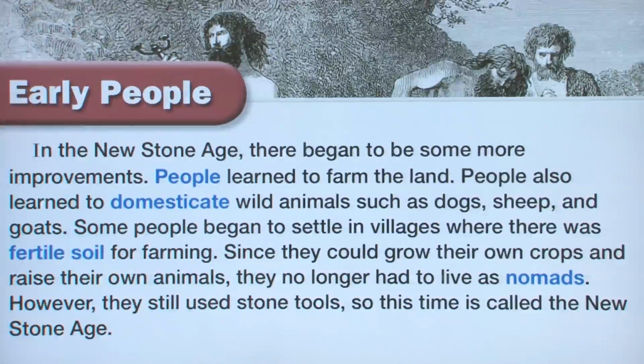Since they could grow their own crops and raise their own animals, they no longer had to live as nomads. However, they still used stone tools, so this time is called the New Stone Age.